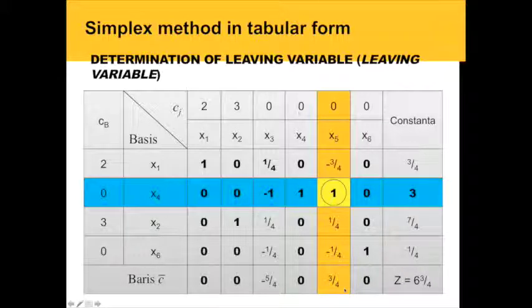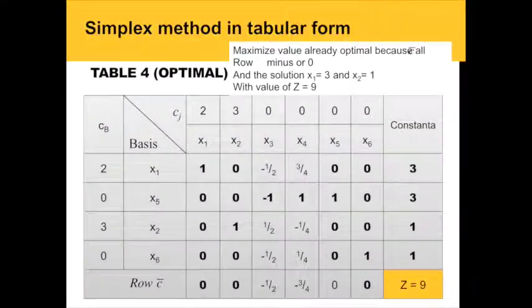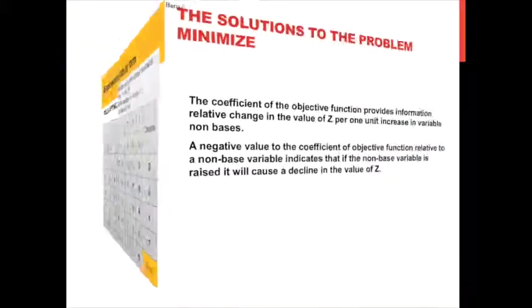So it's the reverse. If like this one, where we maximize, we try to make row C negative or 0. In the minimize case, we try to make it 0 or positive. So there will be no minus in the minimize case.